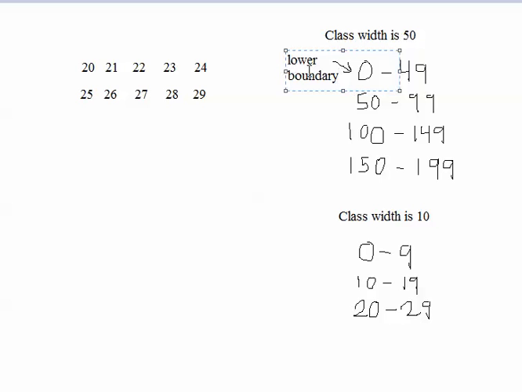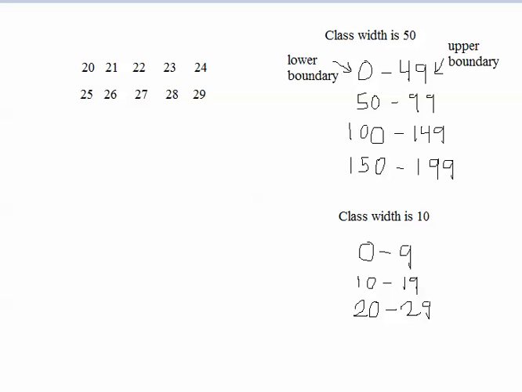The lower number in each of these intervals is called the lower boundary. The upper number is called the upper boundary. So every interval has a lower boundary and an upper boundary.